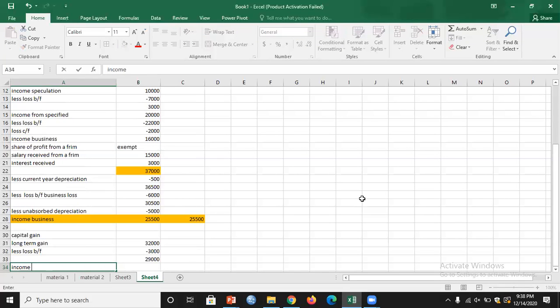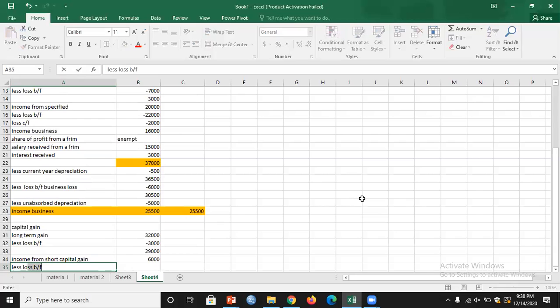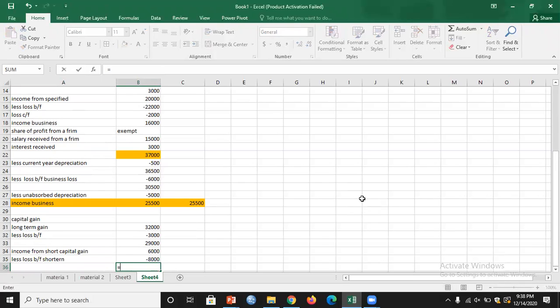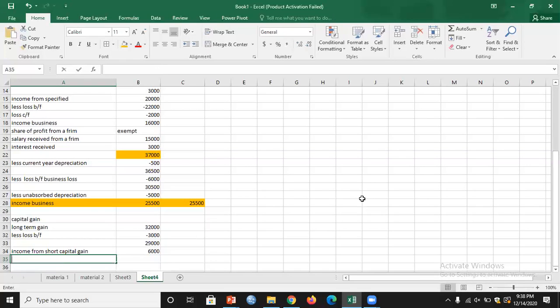Income from short-term capital gain 6,000 rupees, less loss brought forward short-term 88,000 rupees. First I need to add the capital gain and loss, because the short-term capital losses can be set off against long-term capital gain.